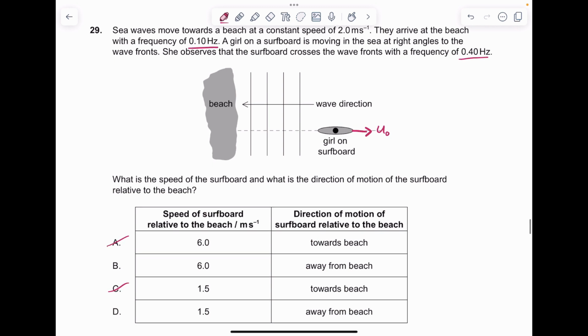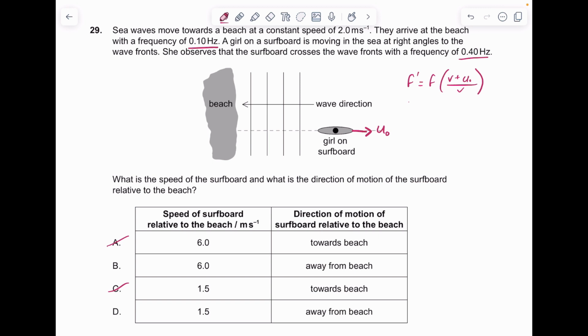If we go to our data booklet, we've got a moving observer, so it is f prime, the observed frequency, equals the emitted frequency times v plus or minus the speed of the observer over the wave speed. We're observing a higher frequency, so we're going to use a plus on the top of this fraction, so that we get an observed frequency that's larger than the emitted frequency.